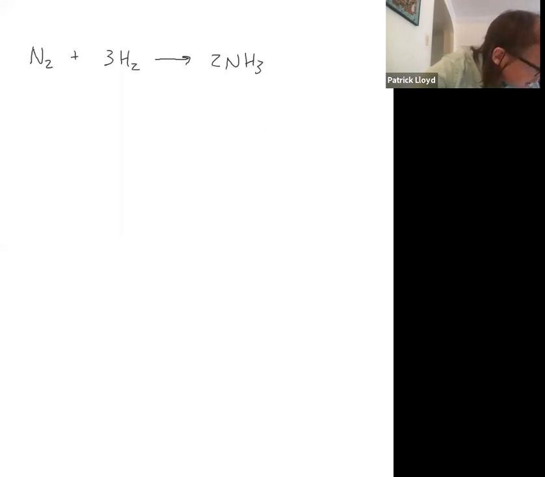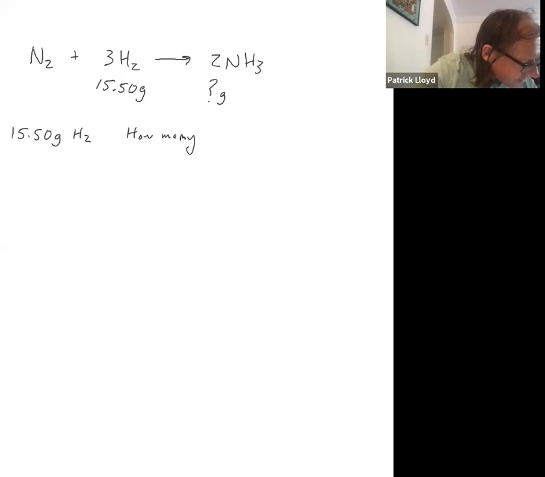So suppose I say, hey, we've got 15.50 grams of this substance. How many grams of this substance are going to be produced? So cutting out all the words and just putting them as numbers: given you got 15.50 grams of H2, how many grams of NH3 will be produced?